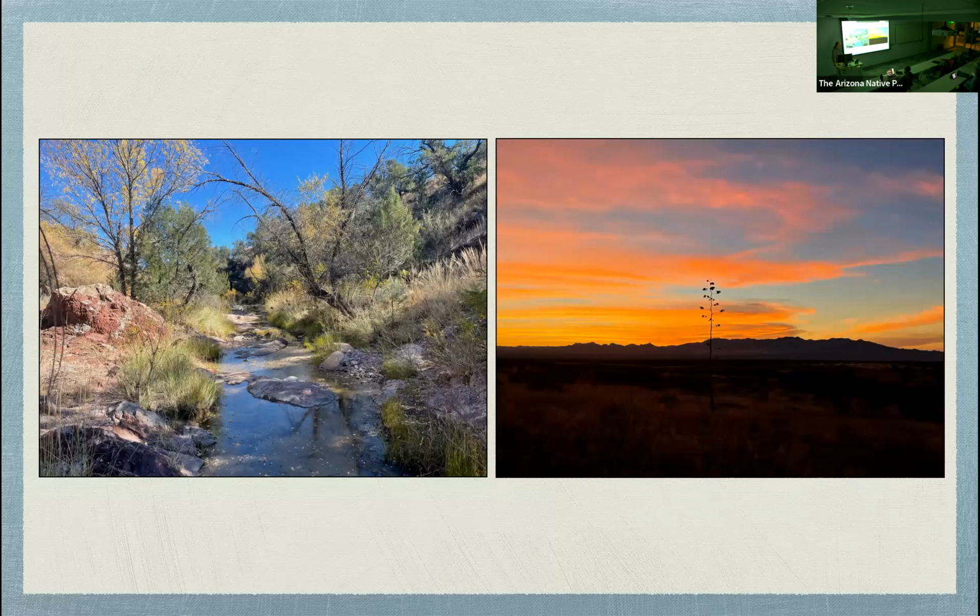And the drivers were pretty consistent. What we found is that temperature was the most significant driver of species richness, and temperature and precipitation, climate, are the most significant drivers, and then latitude, species richness, area, a lot of these things were correlated similarly. So I would expect to find similar drivers at higher elevations.